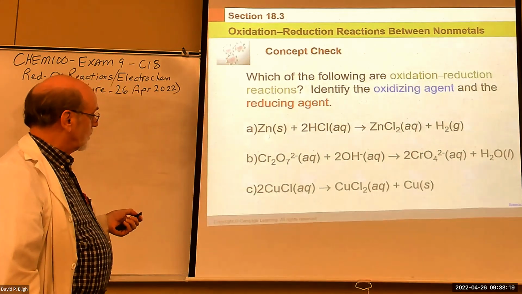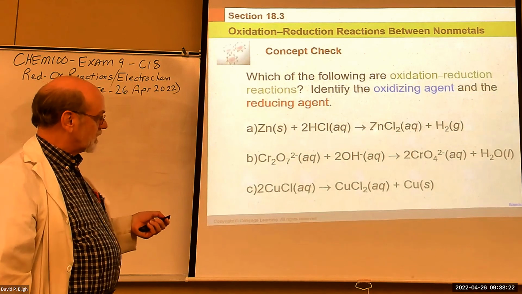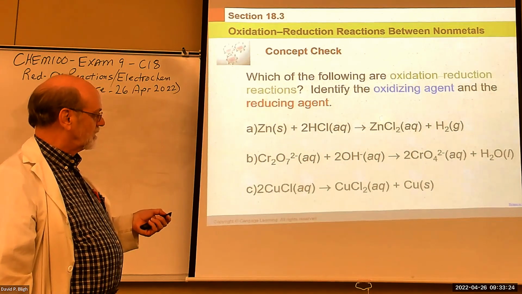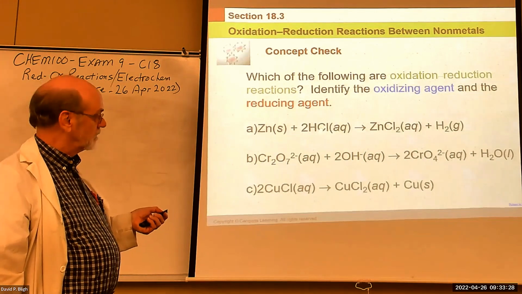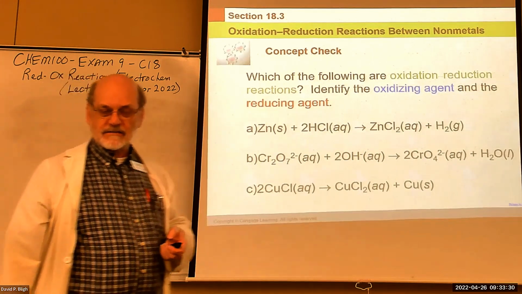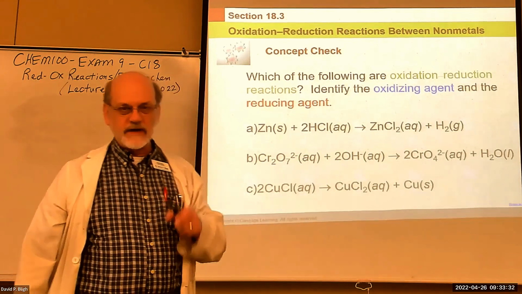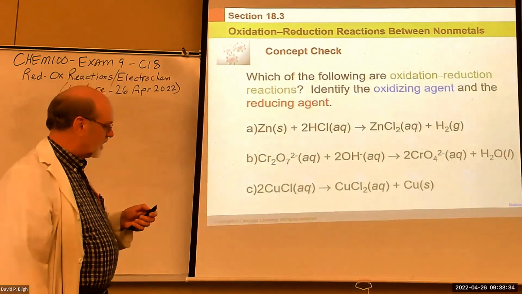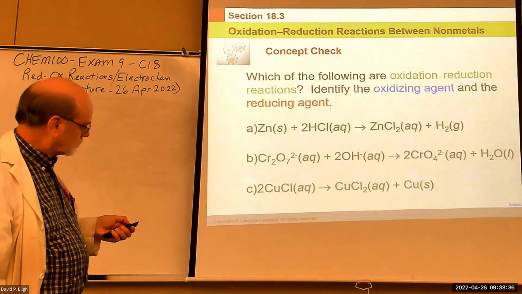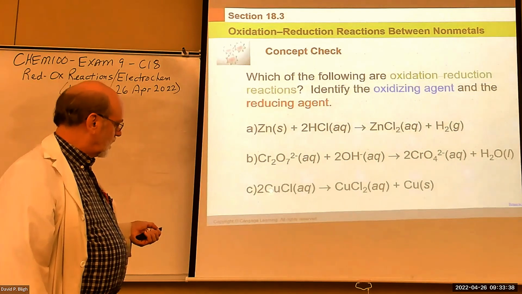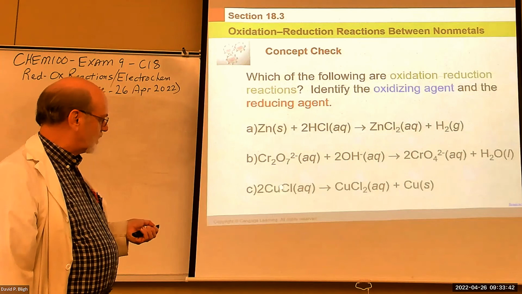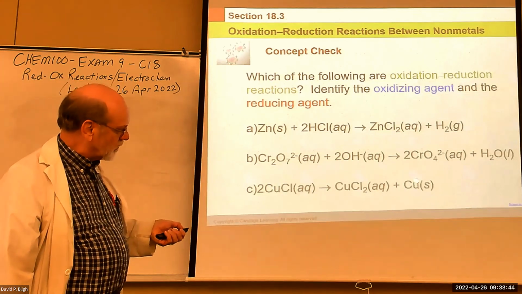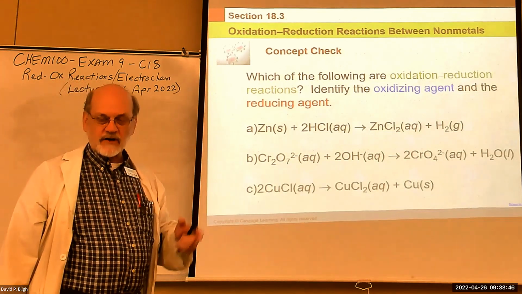So for this one, there's the element zinc, it's in a compound over here. There's the element hydrogen, it came from a compound. So that's definitive. That is a redox reaction. You got another one down here. Copper is in this compound, and it's an element over here. That's a redox reaction also.